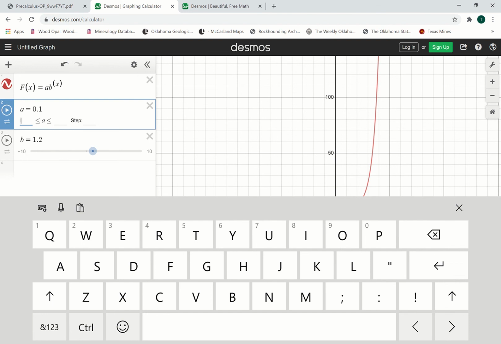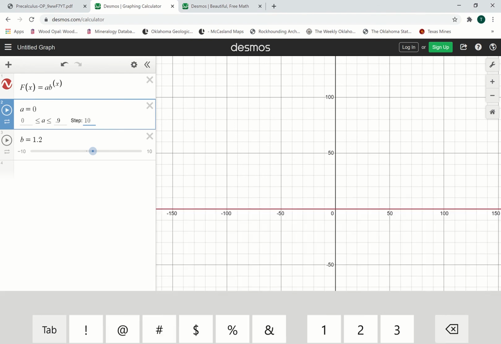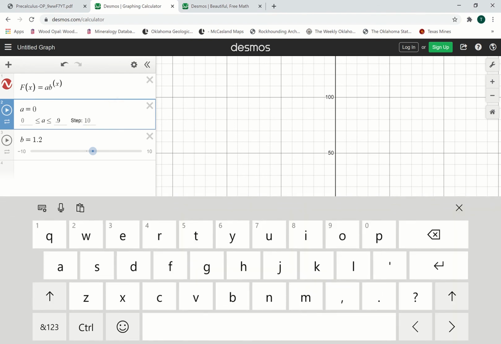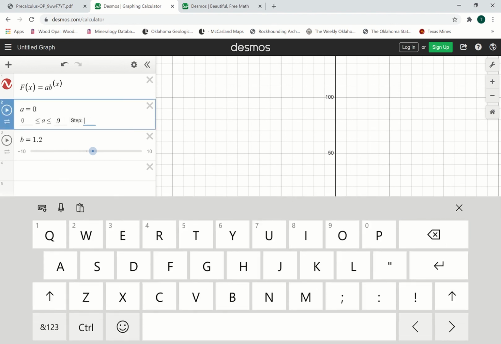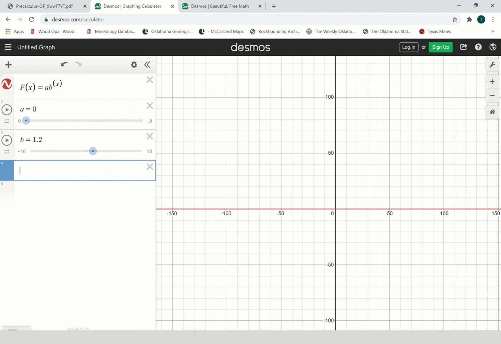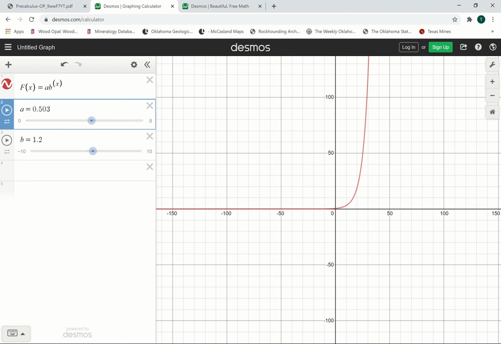It will go from 0 to 0.9 in 10 steps. There we go. We'll let it come up with its own steps. So notice as it becomes more and more of a fraction, it pushes more and more out. Eventually it'll be flat if your A is 0.